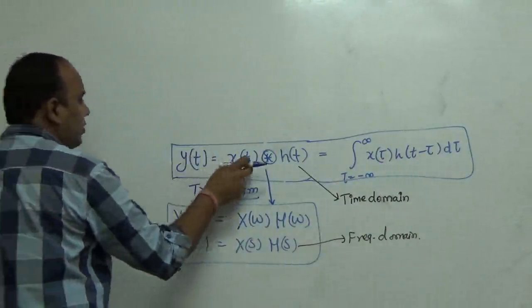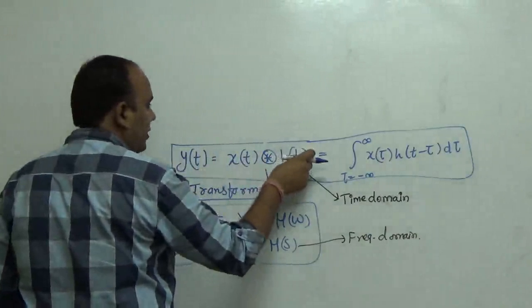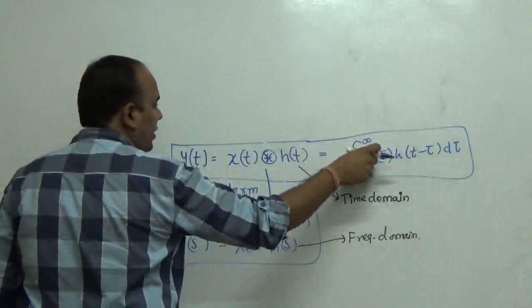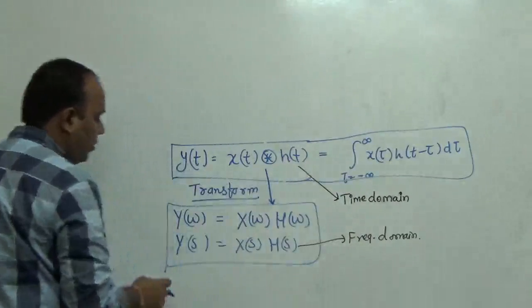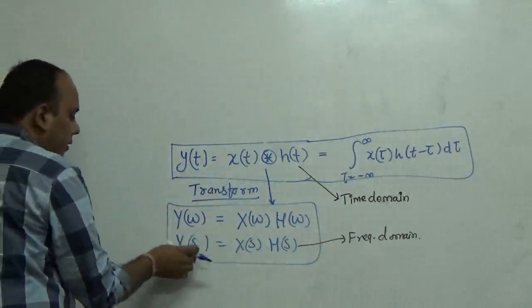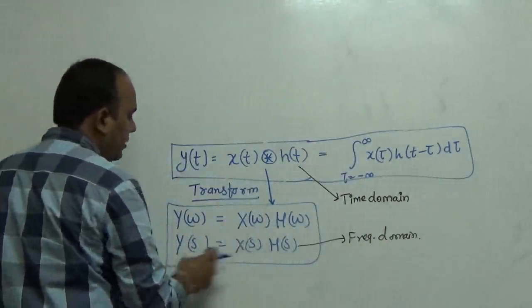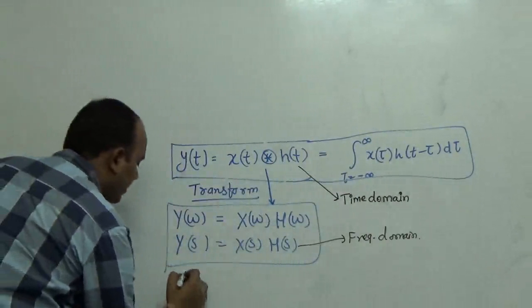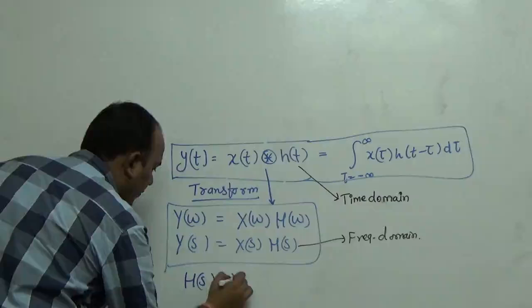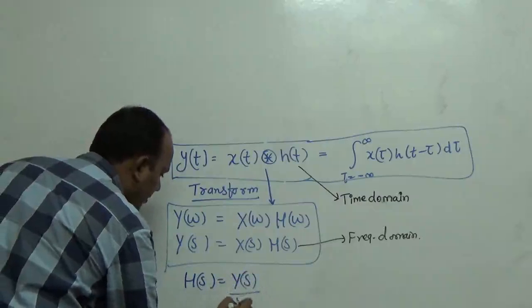So this is the LTI system: y(t) is equal to x(t) convolved with h(t), that is, the integral from minus infinity to infinity of x(tau) h(t minus tau) d tau. And in the transform form, Y(s) is equal to X(s) into H(s). So we can say that H(s) is equal to Y(s) upon X(s).